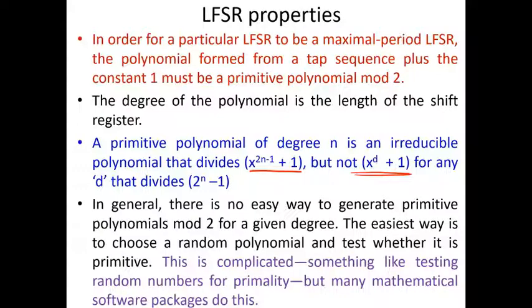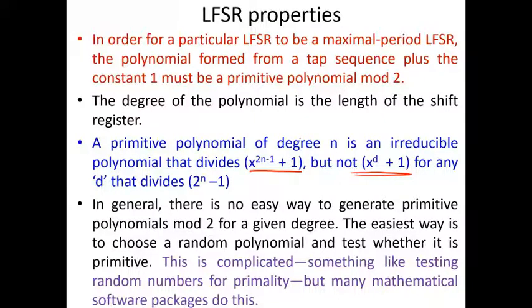In general, as I was telling you, there is no easy way to generate the primitive polynomials mod 2 for a given degree. So the easiest way is to choose a random polynomial and just test whether it is primitive. That primitive testing is based on this second point. When do I know whether it is primitive?